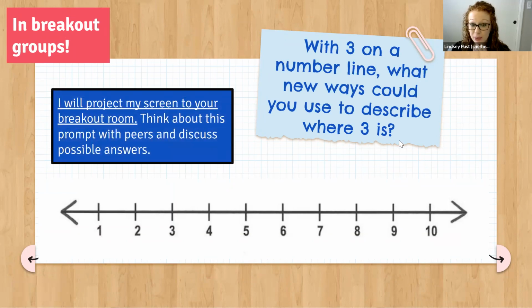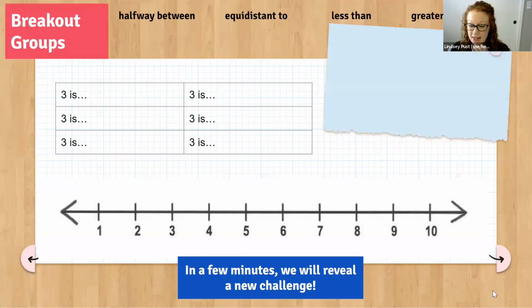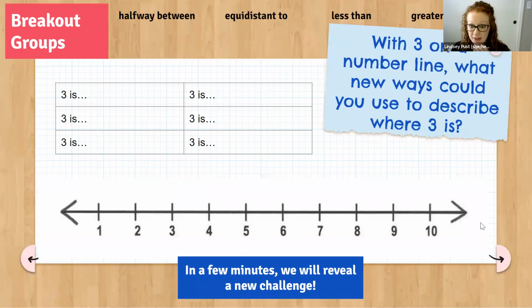So with this visual, you're going to answer the same question. And I am going to project my screen to your breakout room. So all you have to do is think about this question and then discuss possible answers with your peers. This is the screen you will see in your breakout room. The vocabulary words are on the top to remind you. And there are some sentence starters here. So you'll see this screen.